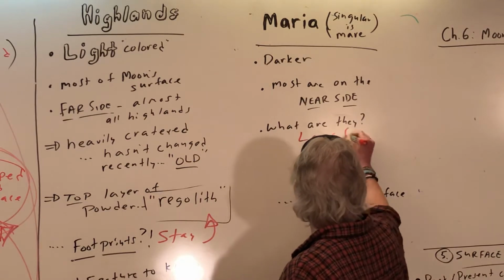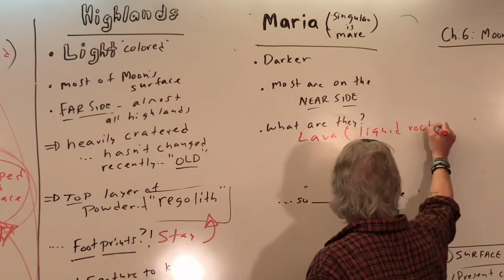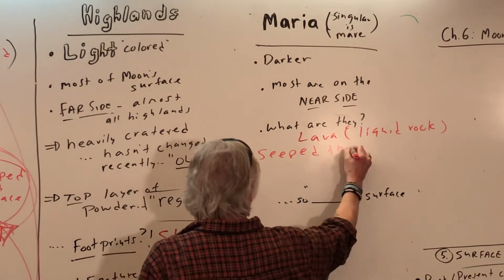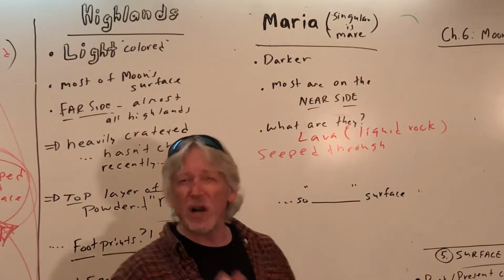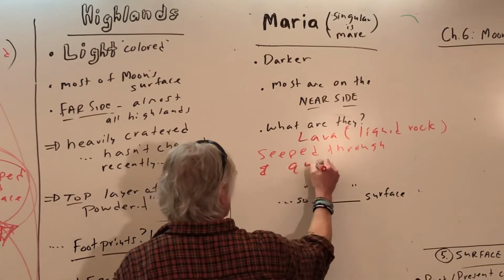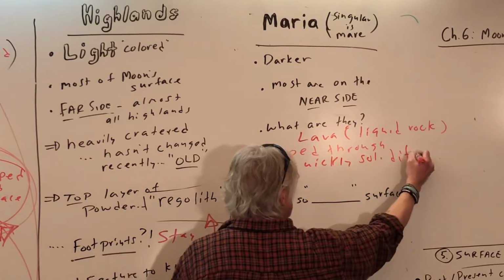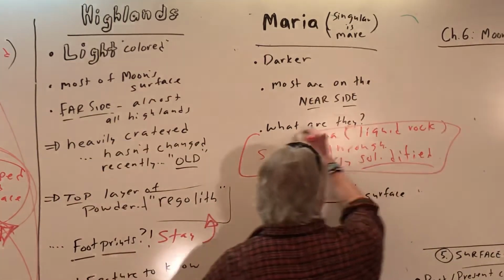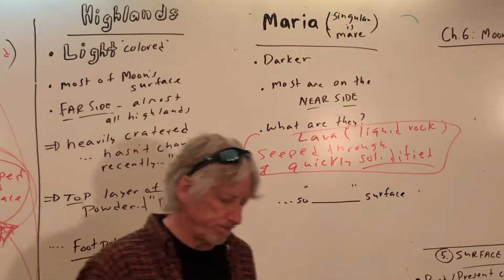Lava, which is liquid rock, seeped through. So, oceans of liquid rock, but it quickly solidified. It's dried, cooled lava.